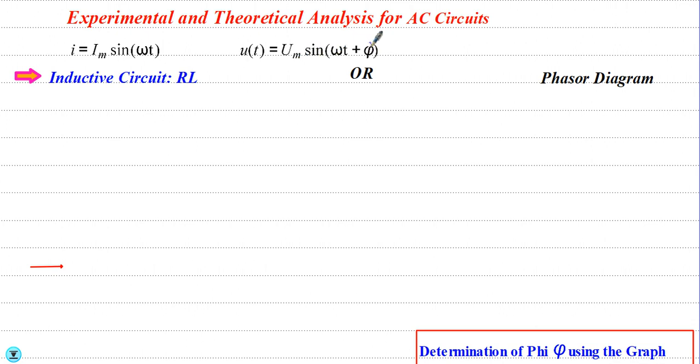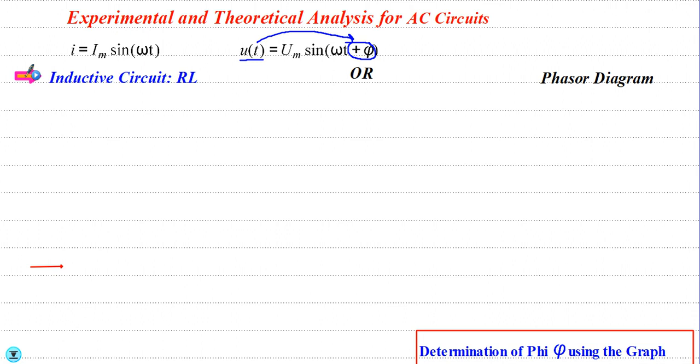And if you can see here, there is a plus phi here. So u of t actually goes ahead of i by phi, or we can say in other words, that u of t leads i by phi. And that's the discussion today.